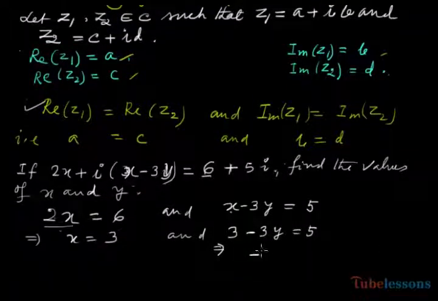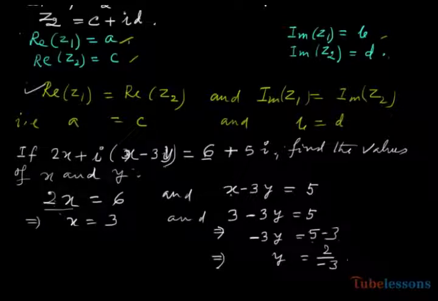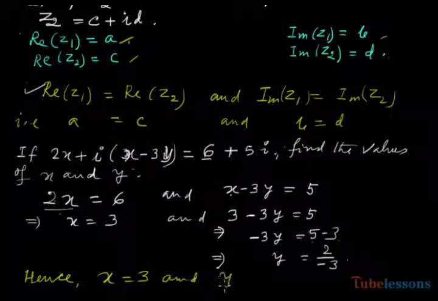So minus 3y is equal to 5 minus 3. This implies y equals (5 minus 3) is 2, so y is minus 2 by 3. So the values of x and y are obtained: hence x is equal to 3 and y is equal to minus 2 by 3.